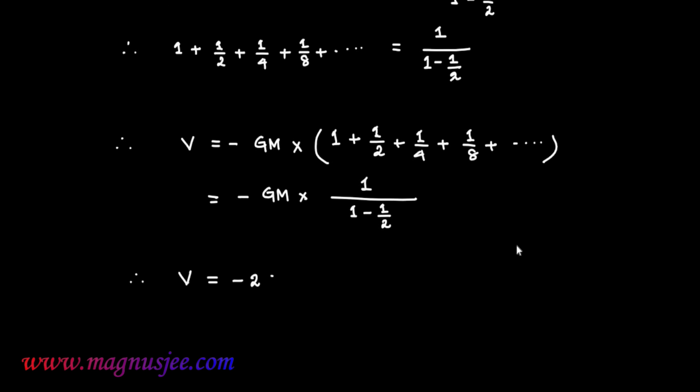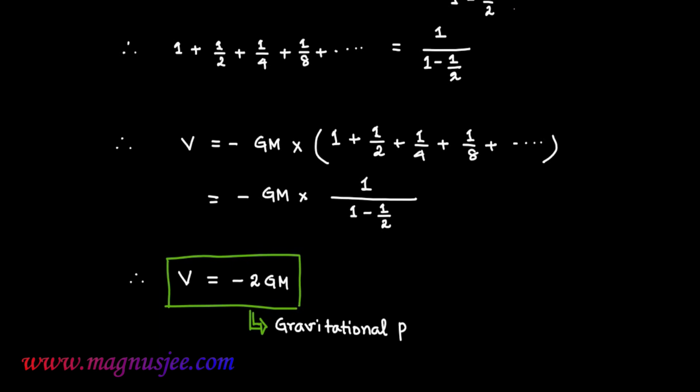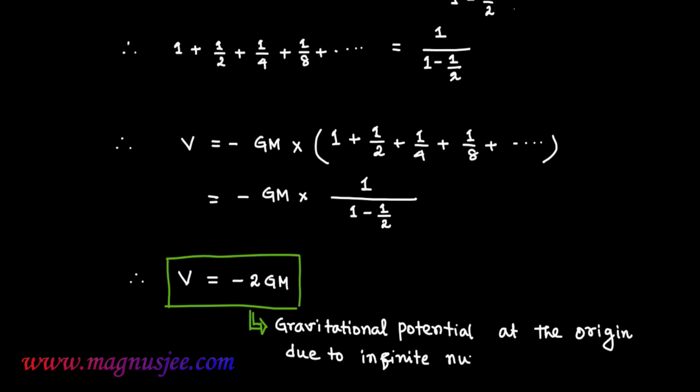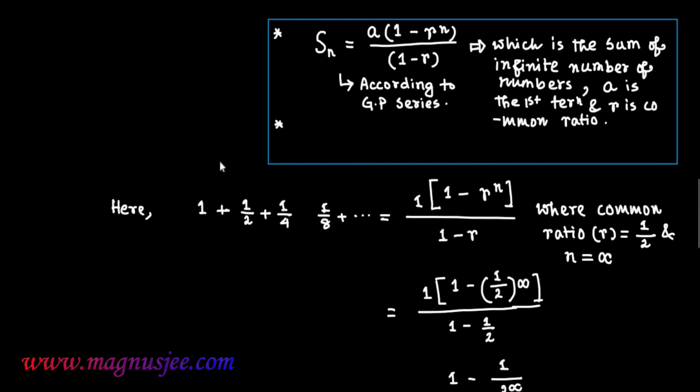Therefore we get V equals minus 2GM. This is the gravitational potential at the origin due to an infinite number of bodies of mass capital M.